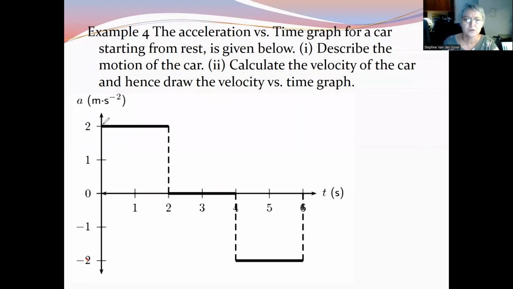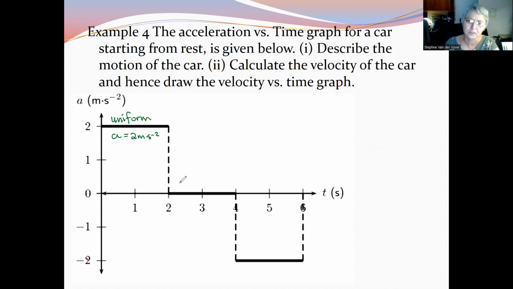So in the first 2 seconds, we've got uniform acceleration of 2 meters per second squared, and it would be in a specific direction.